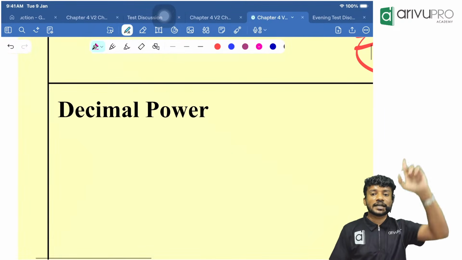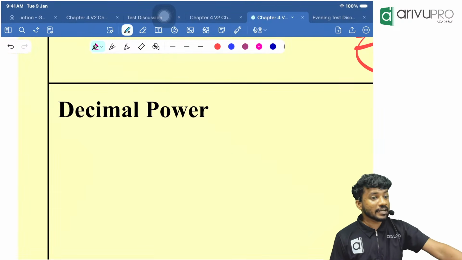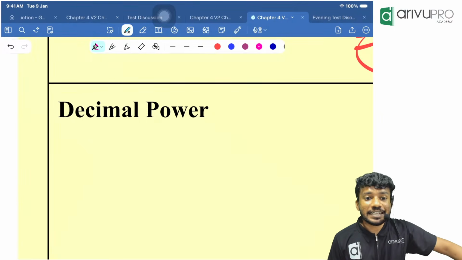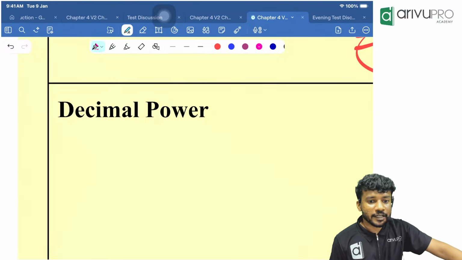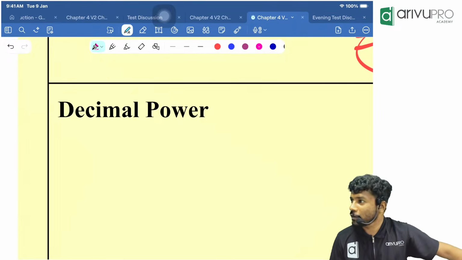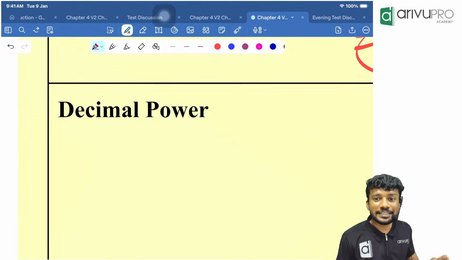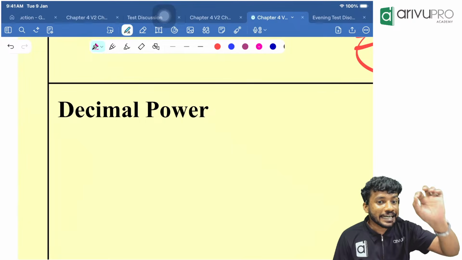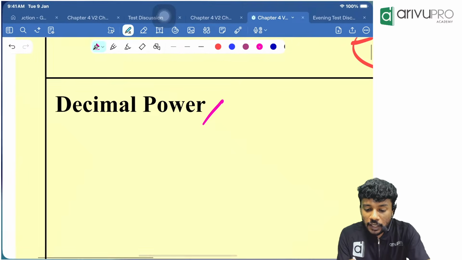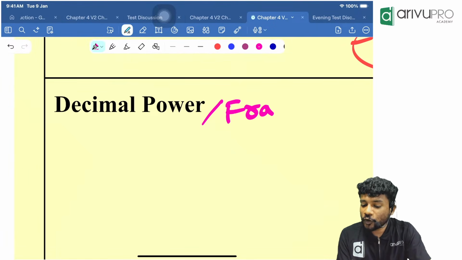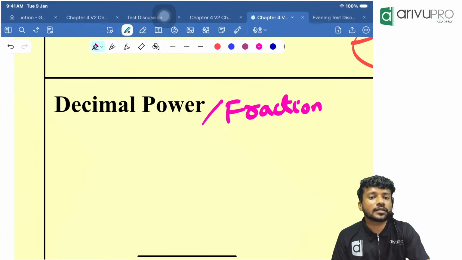Whenever the power is decimal, whenever the power is a fraction, whenever the power is like 1.25, 7.36, 1.22222, 1 by 3, 7 by 21, whatever may be the power, whenever it is decimal or fraction, not negative, I am going to teach you a method.